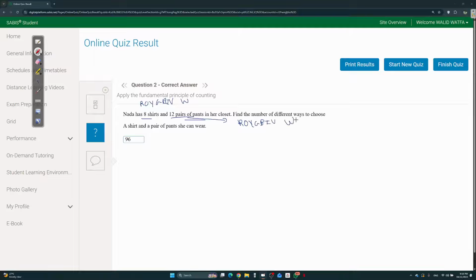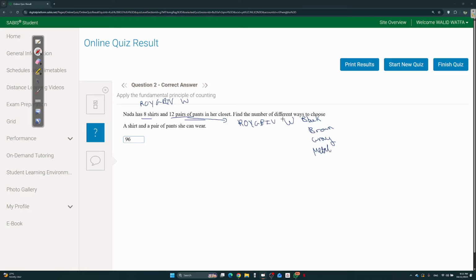And there's 12, so let's add black, brown, gray, that's 11, and let me choose one more, metal or silver.